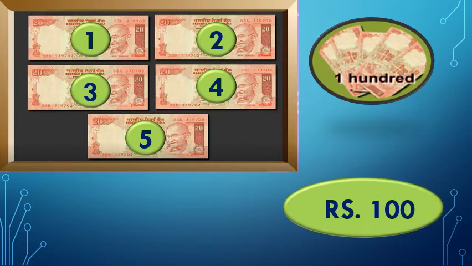Like this, rupees 100. It became a 3-digit number. Why do we call this 100? Do you know? Because here in the unit place we can see 0. No unit is there. And what about the tens place? No tens. Again 0 is there. And in the 100 place 1 is there. So we call this 100.